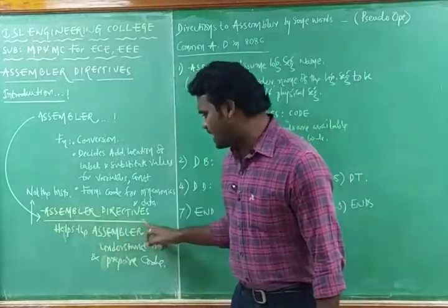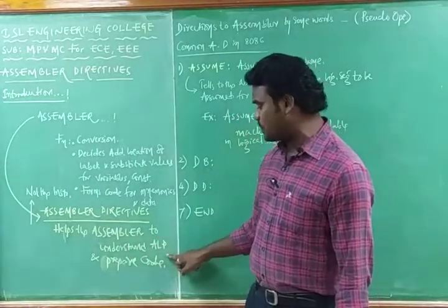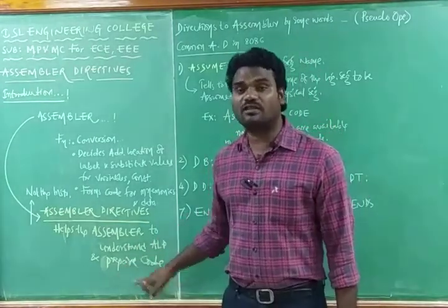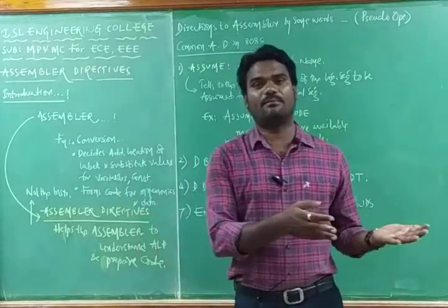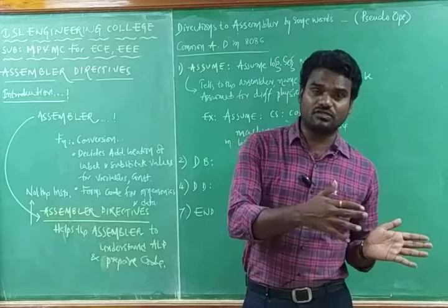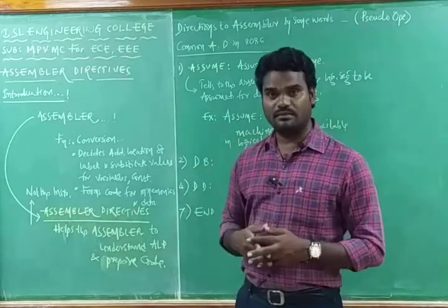So assembler directives help the assembler to understand the assembly language program and to prepare the code for it. The assembly language program will have a label, so assembler directives will decide the address location for that label.